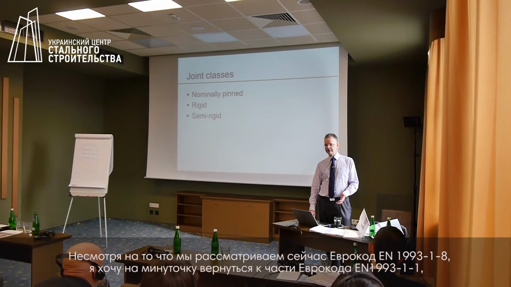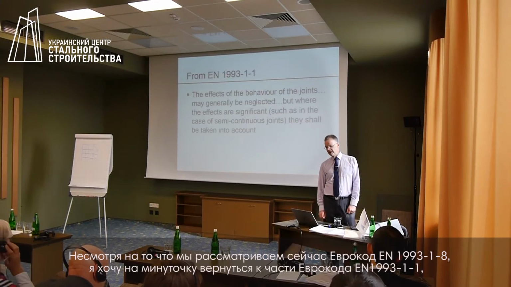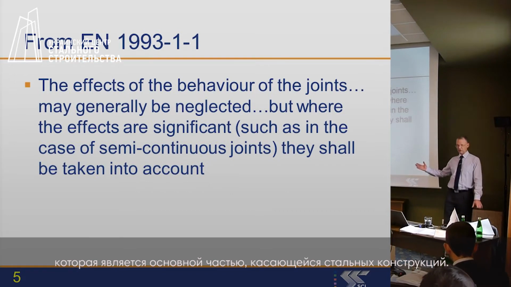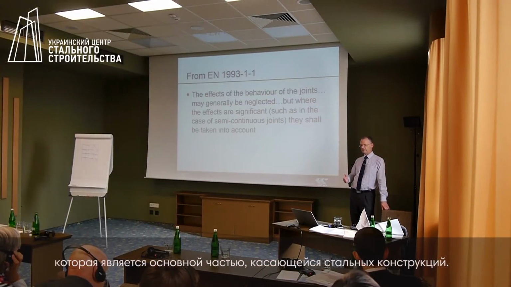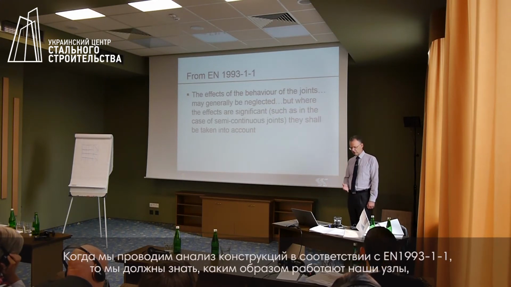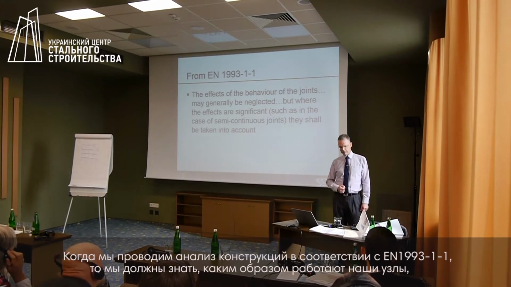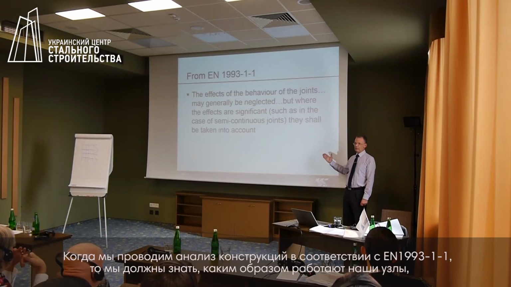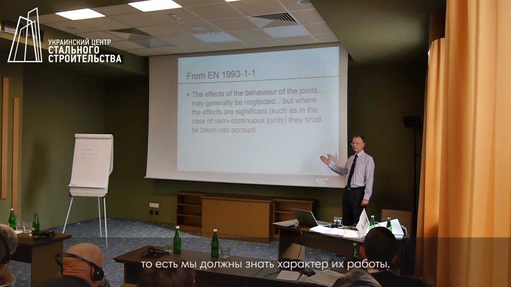Now, although we are in 1993-1.8, I'm just going to move back for one brief moment to the main part of the structural Eurocode for steel, 1993-1.1. So when we are undertaking our analysis in accordance with 1993-1.1, the Eurocode says we must know about the behaviour of our joints.